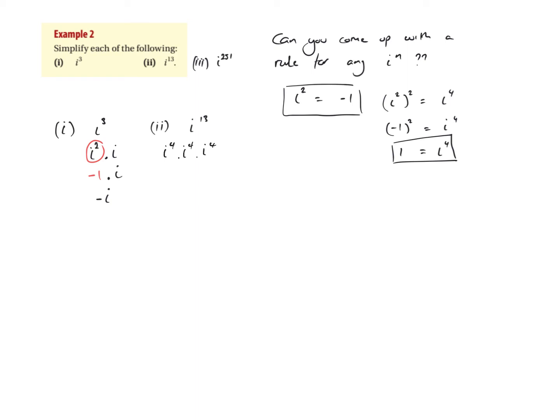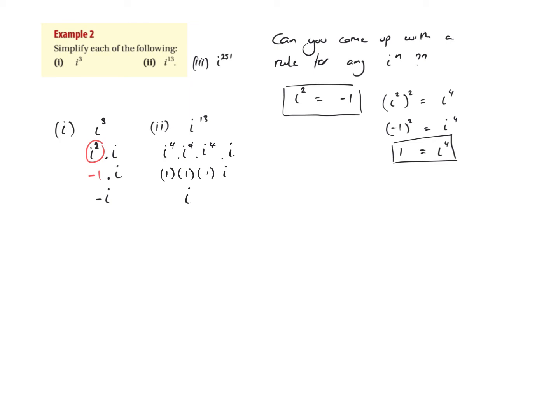That gets me to i to the power of 12, because 4 plus 4 plus 4 is 12. And then multiply that by another i. And you can see here now that each i to the 4 is 1. That goes to 1. That goes to 1. And I'm left with i. So 1 times 1 times 1 times i just leaves us with i. Therefore, i to the power of 13 is equal to i.